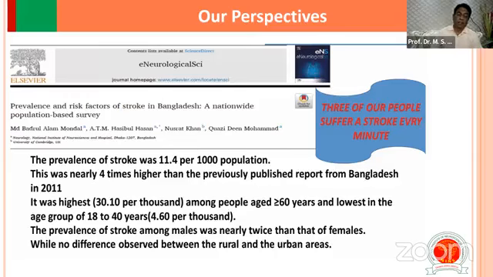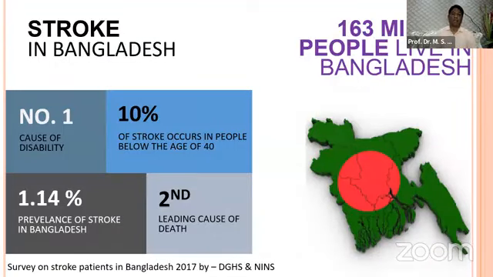And the prevalence of stroke among males is 2 times that of females. From the survey, stroke is the number 1 cause of disability in Bangladesh, and second in cause of death.